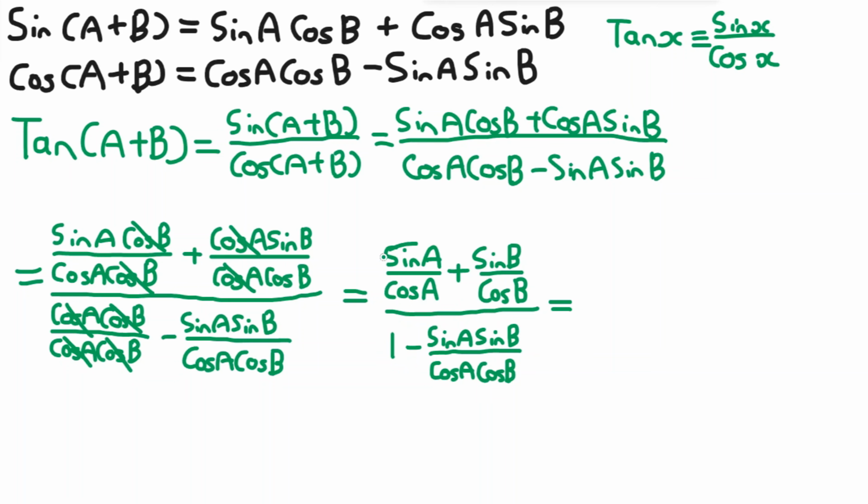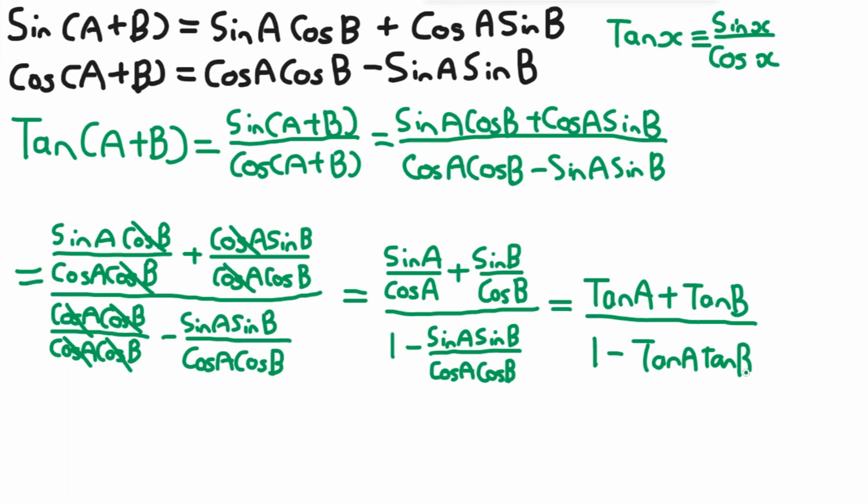And we can rewrite this as sin a over cos a is equal to tan a, and this is plus sin b over cos b, which is equal to tan b, and this is over 1 minus, and then if we treat these parts individually, sin a over cos a is tan a, and sin b over cos b is tan b, so we can rewrite this as tan a tan b, like this.